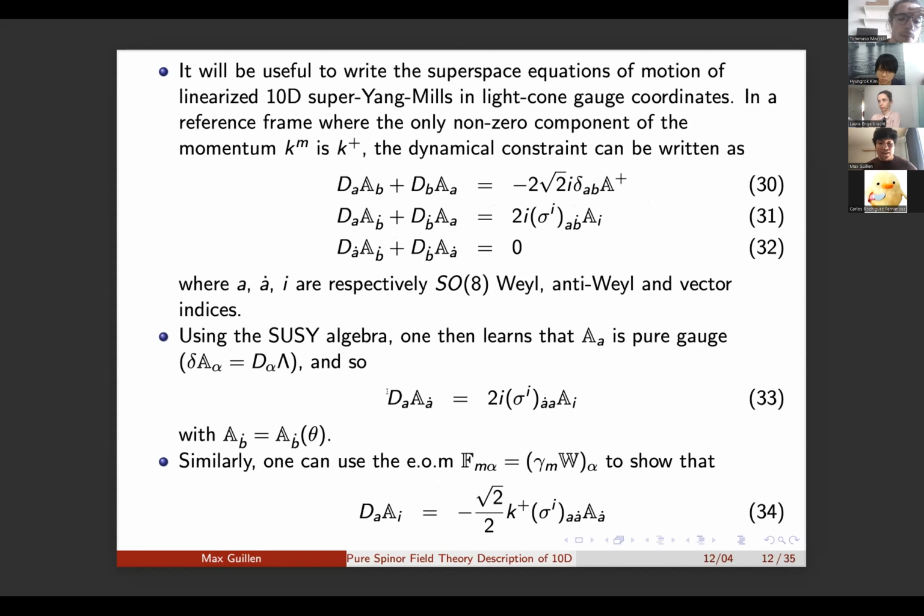Okay, and I can do the same thing with the supersymmetry algebra. And then I will show that basically A^- is just pure gauge, so it's not physical. So we can set it to 0. And the equation of motion is given by equation 33. Okay. Using similar algebraic manipulations, we find that the other equation of motion is given by equation 34. So we have these two equations of motion. These equations of motion are important because they will appear when we quantize the superparticle in 10 dimensions.